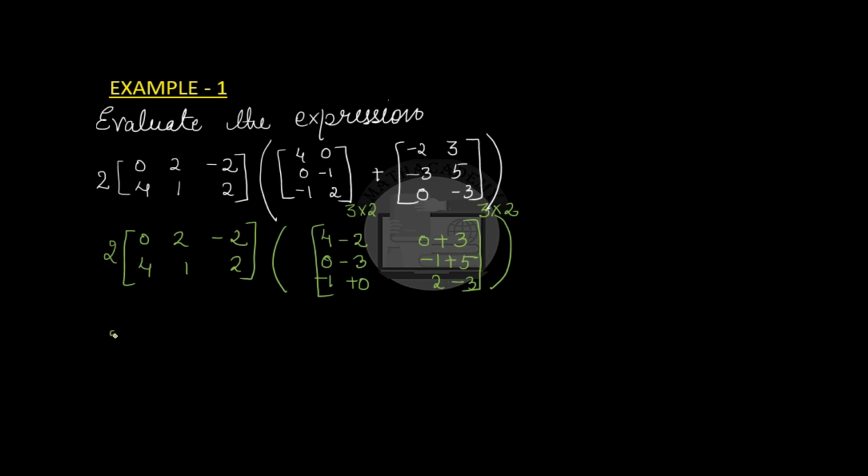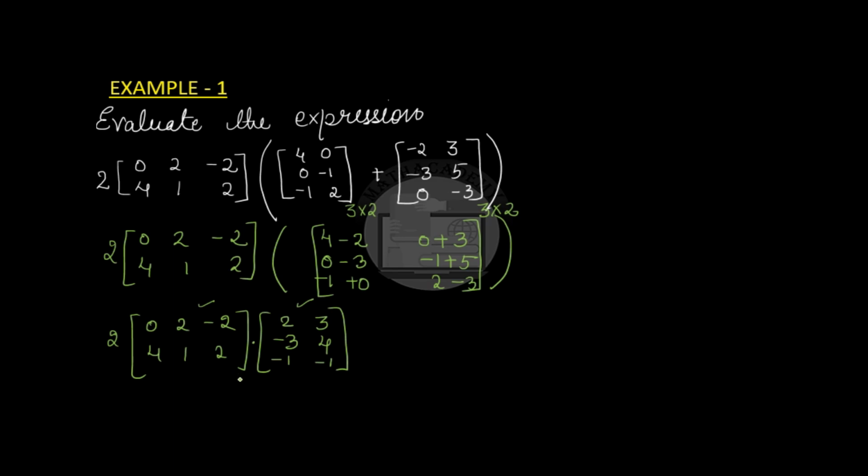On simplification we get 2, 3, minus 3, 4, minus 1 and minus 1. Okay, so we have simplified the bracket. Now we will have to perform the multiplication of this matrix.